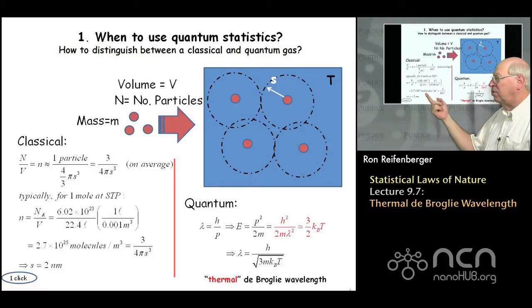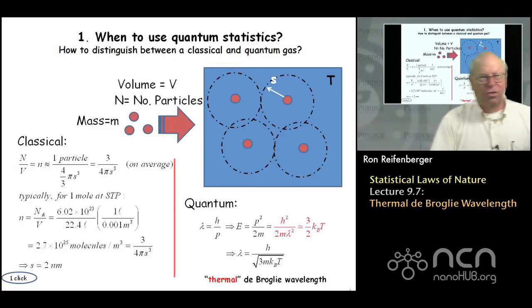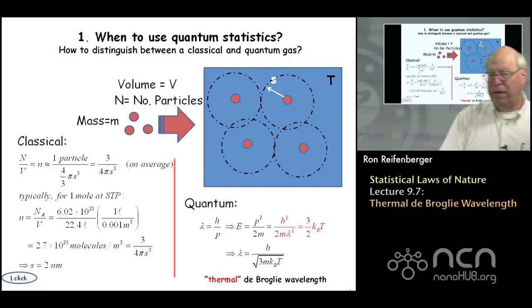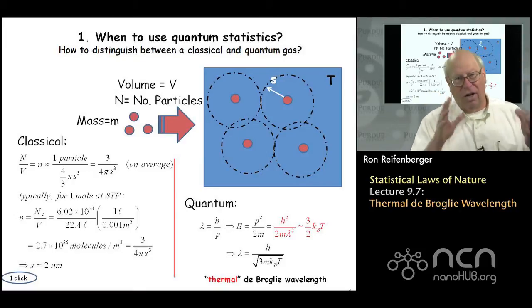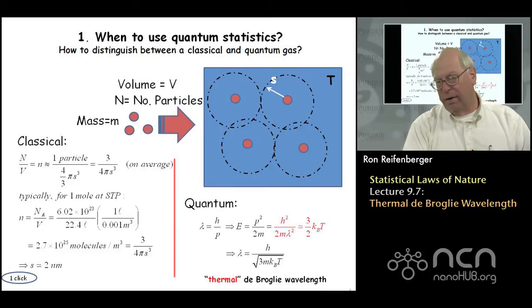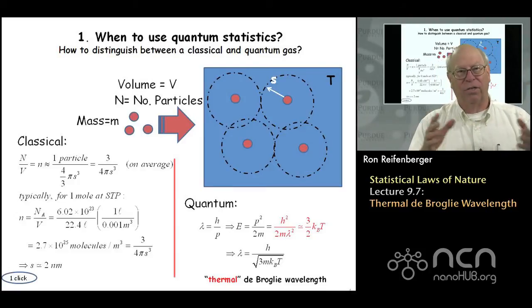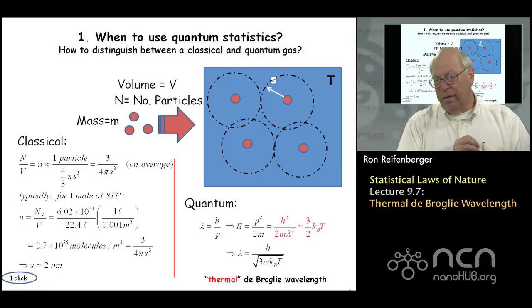And that just means that we have something like 2.7 × 10²⁵ molecules per cubic meter. And that number then has to be equal to 3/4π s³. So from this relationship, we can get an estimate for S. And it turns out S is on the order of 2 nanometers for gas atoms at standard temperature and pressure.